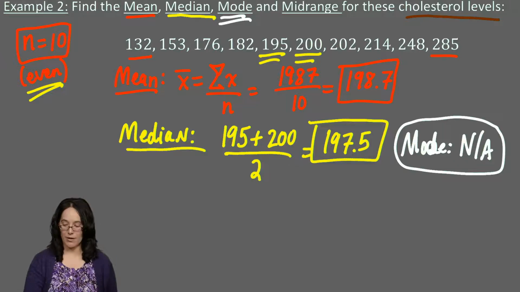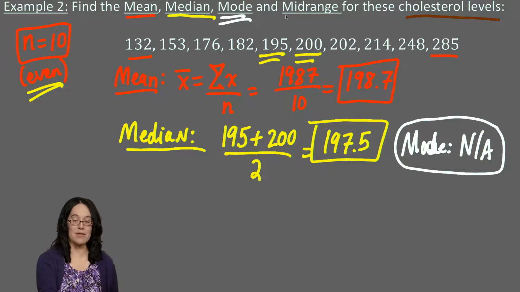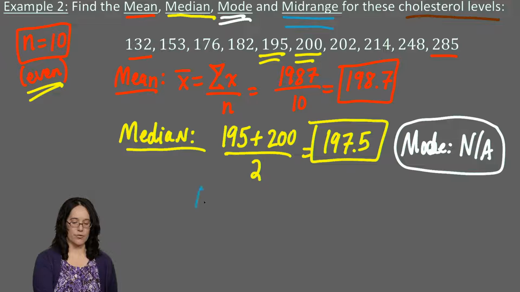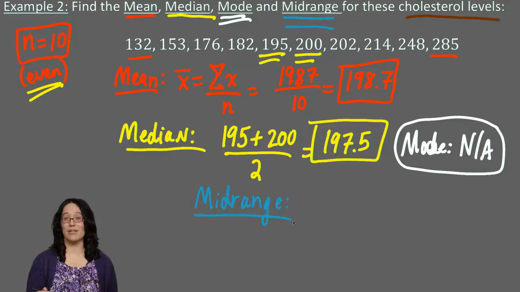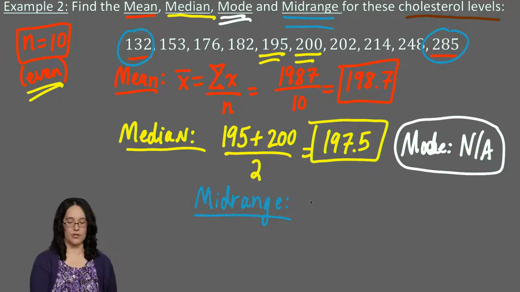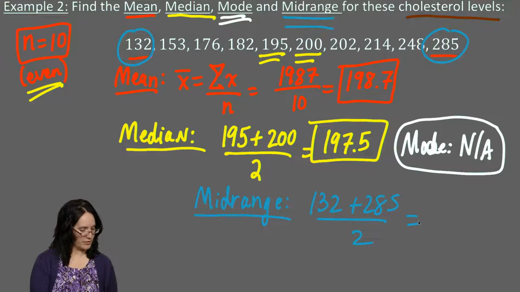Next up, let's head over to our last measure of central tendency, the mid-range. Remember, if there's one value that's going to be different from the rest because of your extremes, it would be the mid-range. So what would our mid-range have been when you did your math here, your arithmetic? What did you get? For mid-range, again, we're only looking at the lowest value and the highest value and taking their average. So 132 plus 285, take their average of those two values, so divide by 2, and what did you get?